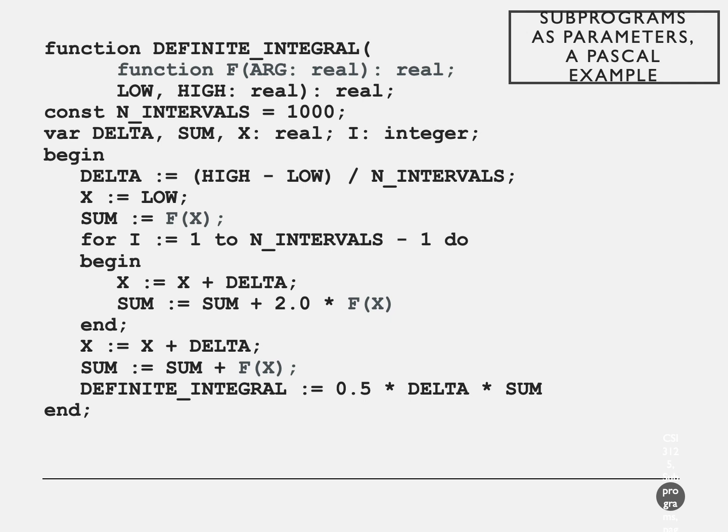The final value of the integral is computed using the average height of the trapezoids times the total width. So we have 0.5 multiplied by delta multiplied by sum, to estimate the area under the curve. This is our final value.